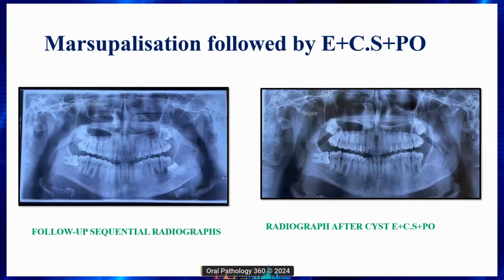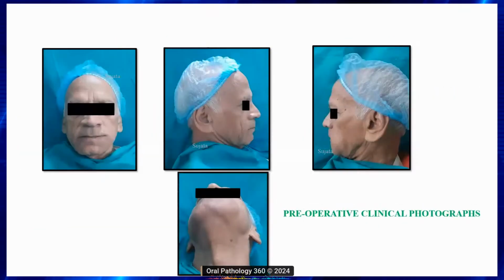You can see on the sequential radiographs that the third molar has come up and erupted halfway. And now it was already 1 year follow-up. So now it was planned for extraction of 8 and enucleation, chemical cauterization and peripheral ostectomy of the residual lesion. And the last radiograph shows complete osseous healing of the lesion.